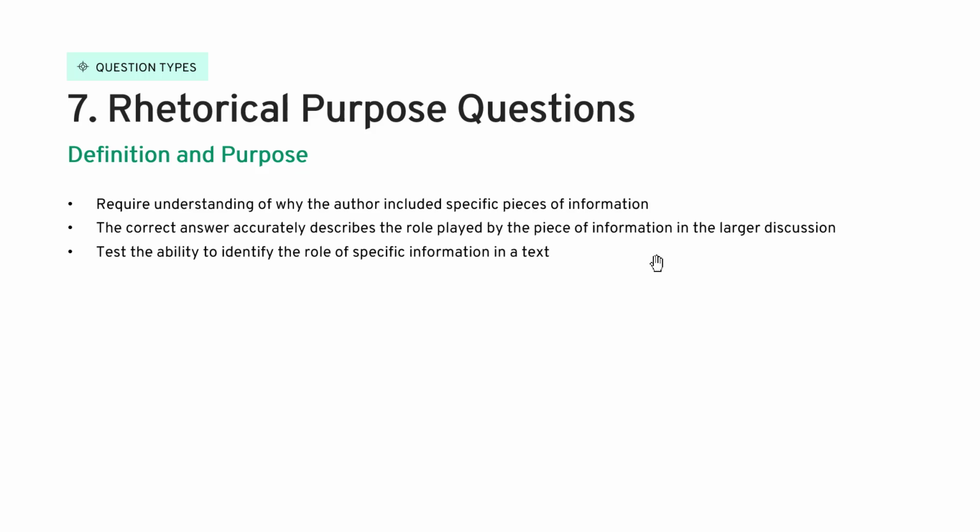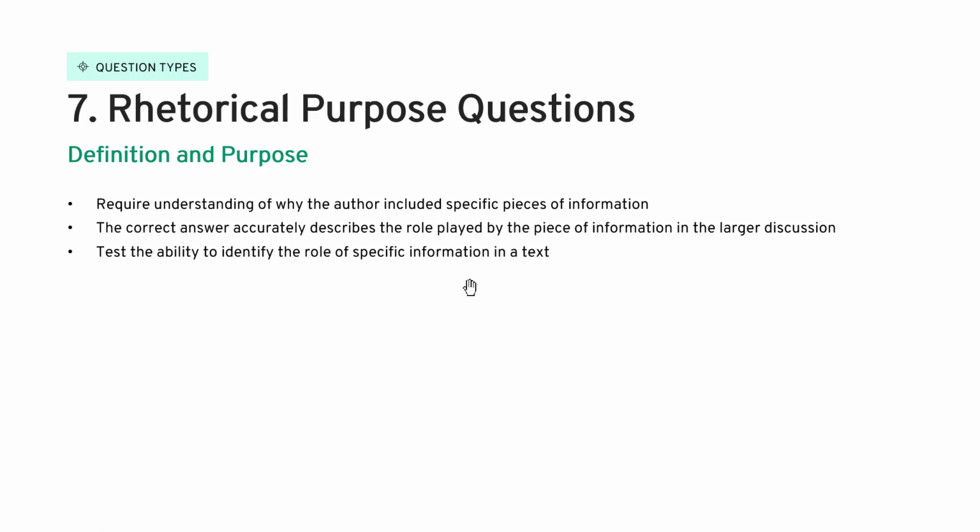So it is not asking the direct explanation or the direct meaning conveyed. It asks us the reason behind the specific piece of information stated inside the passage. So that's the goal for this type of question. It tests our ability to identify the role of specific information inside a text.